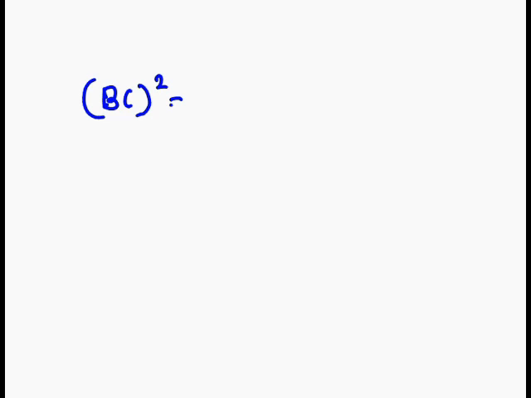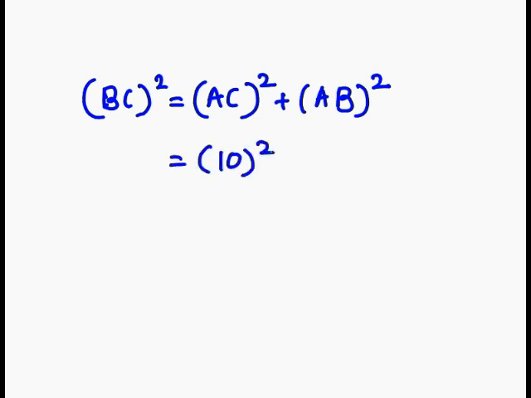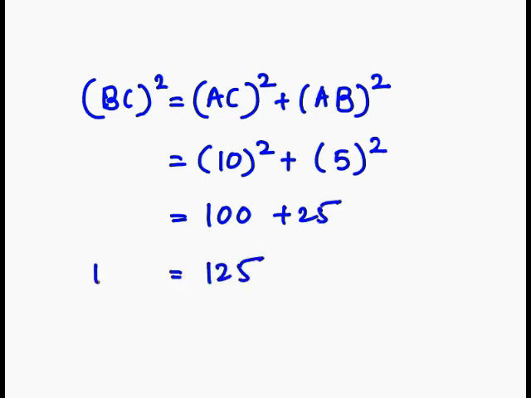So continuing with the previous one, BC square is equal to AC square plus AB square. Now we know the value of AC, that is 10. So we get 10 square plus we know the value of AB, that is 5 square. So we get 100 plus 25, that is equal to 125, which is BC square.